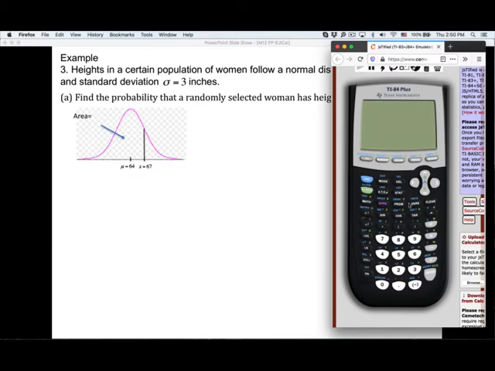Okay, so we have calculator, second VARS, normal CDF. That'll be number 2 here. We are looking for the area to the left. So think about it. What is the lower value in here? Lower value. That will be -1. Make sure you use the negative sign below the 3.